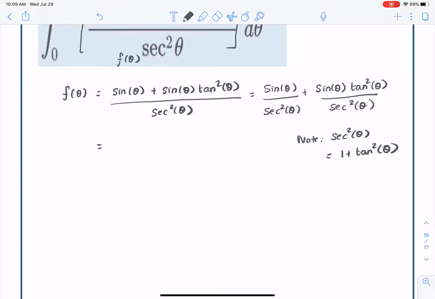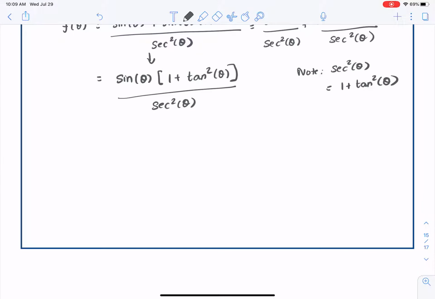So what we could have done here is, instead of splitting it up, from this step we could have written it as sine theta times 1 plus tangent squared theta divided by secant squared theta.